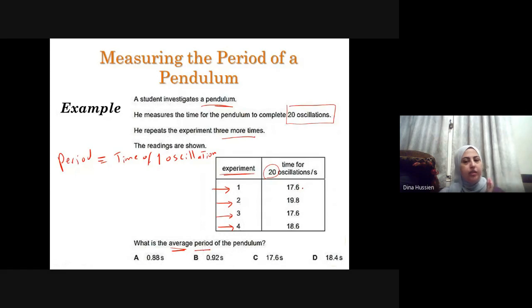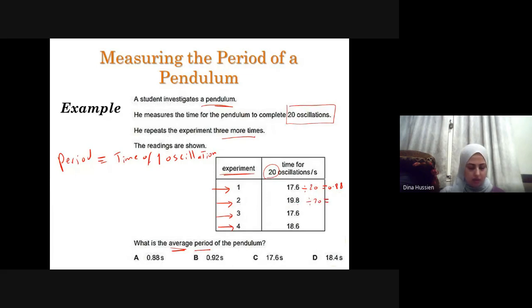فلو عملت 17.6 divided by 20 ليه؟ عشان هو 17.6 ده التايم بتاع 20 oscillations، لكن هو asking about the period اللي هو mean time of one oscillation. So 17.6 divided by 20 كانت 0.88. يبقى ده التايم بتاع one oscillation اللي هي البيريود. طب في السكند experiment 19.8 ده التايم بتاع 20، فهعملها divide by 20.